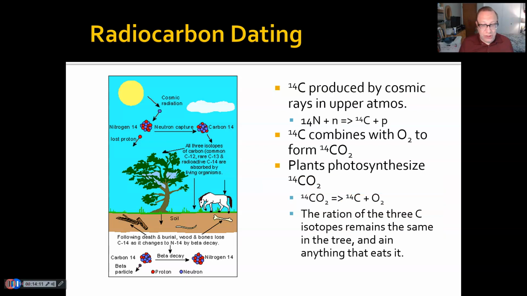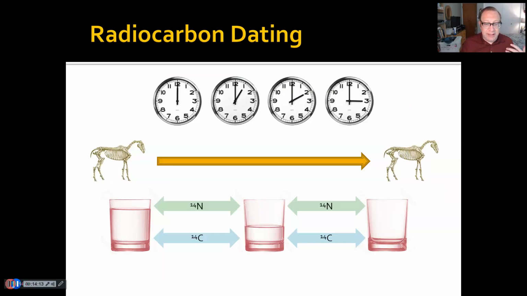All we have to do is pay attention to the ratios of C14 to N14 in that organism. And that will tell us how long it's been since that creature died. Because that is how long the C14 has been decaying for.